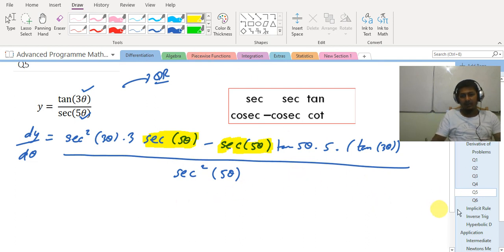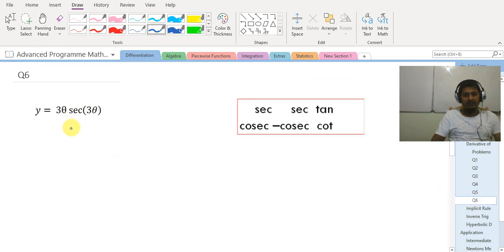Let us move on to the next question, which is question 6. In question 6, what we have here is 3θ times sec 3θ. So we have a linear function multiplied by a trigonometric function. We will use the product rule. So dy/dθ is equal to 3, derivative of this. So how the product rule works is differentiate the first, leave the second, plus differentiate the second, leave the first.